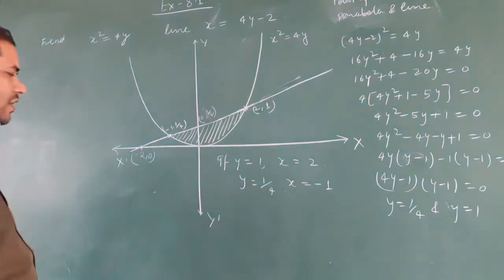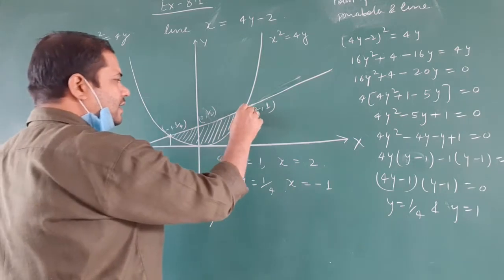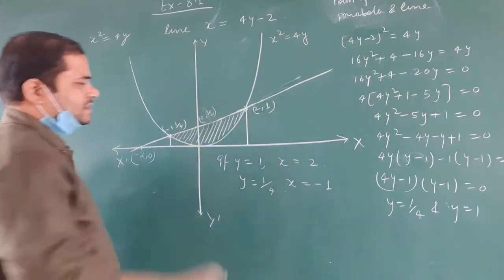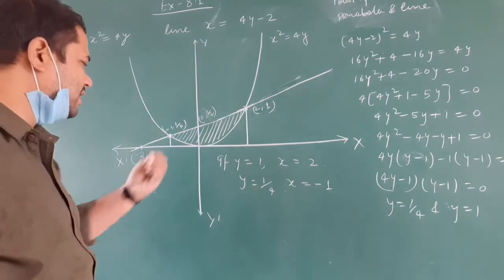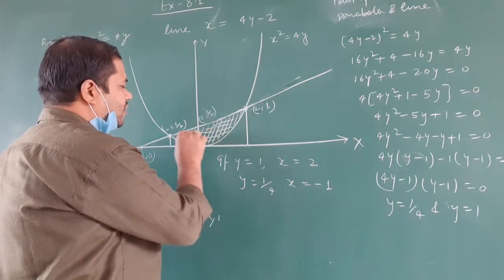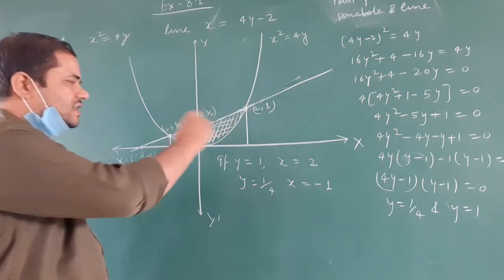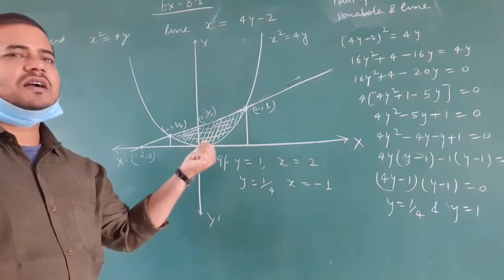Okay? Now draw the perpendiculars here, this and this. Okay? So the area of the shaded region is nothing but what? Area under this line minus area under the curve.